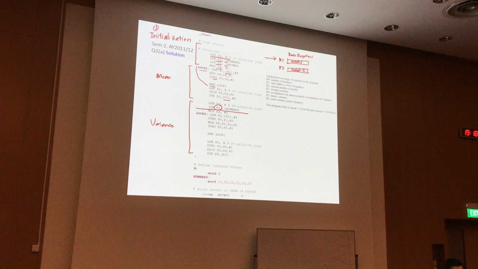And then also this value here, I was using R0 here as my loop counter, and actually I was decrementing it. So you have to remember to go and get back the 6. Don't go and happily use it. So like here, the first part here, I have to divide by n, I have to load it again.